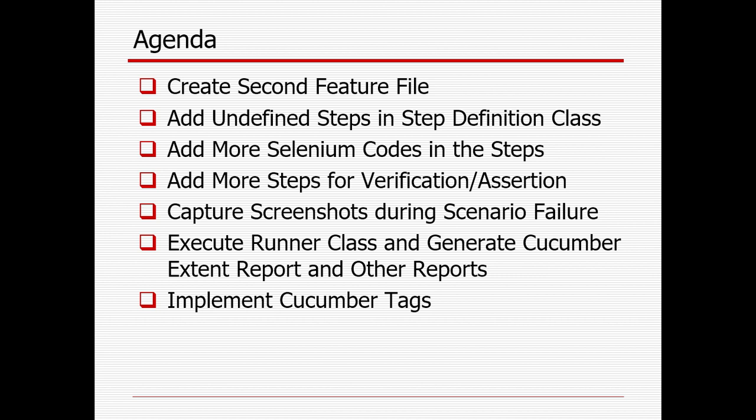And in today's session you saw how to add a second feature file, how to add the undefined step in the step definition class, how to add more Selenium code in the steps, how to add more assertions, how to capture the screenshot during failure in the after hooks, and how to generate different reports along with the extent report, and how to implement the Cucumber tags.